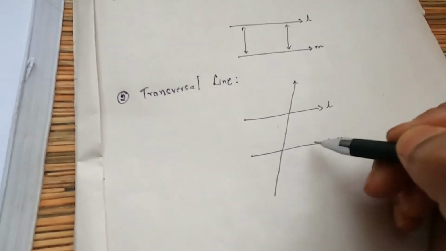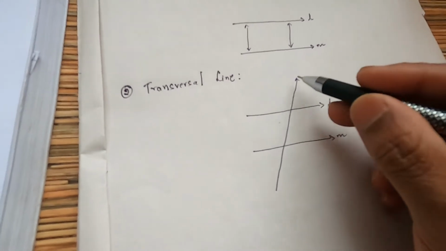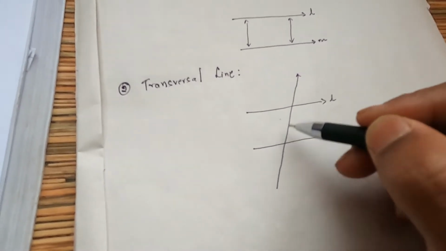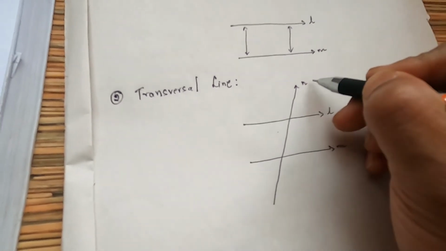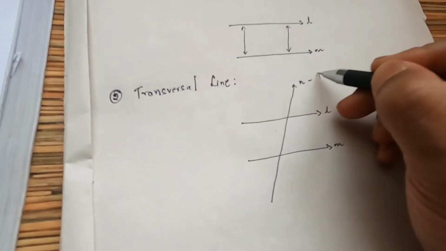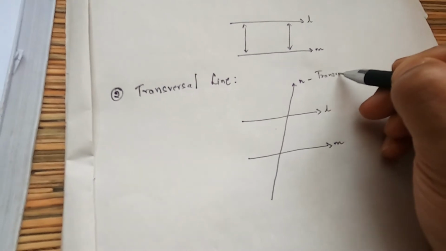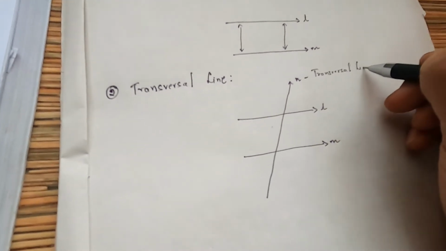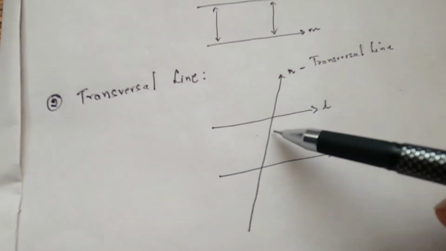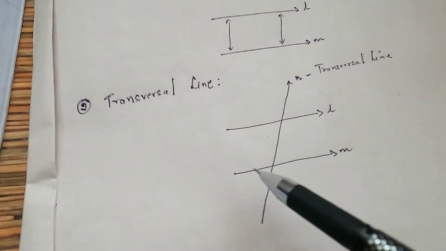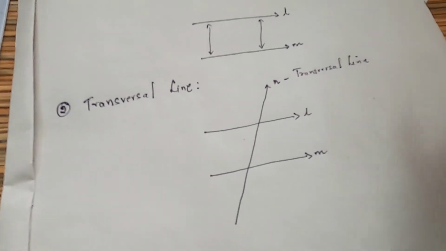So these two parallel lines are being intersected by this line, and this line we can call a transversal line. So basically a transversal line is a line that cuts two or more parallel lines.